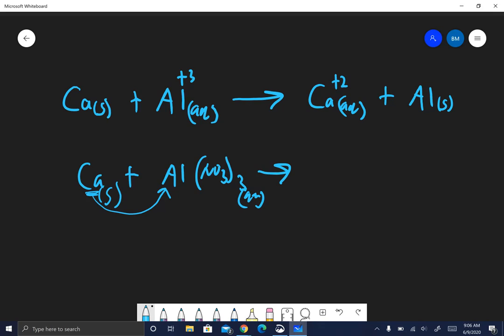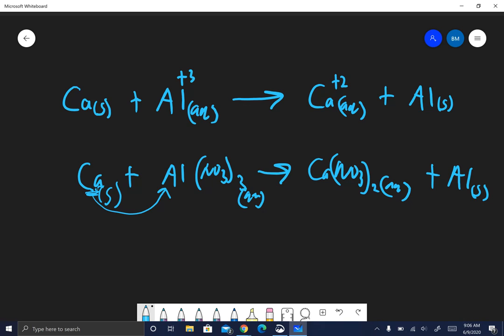So here, this is a solution, so this would be dissolved. That's what aq means. Calcium replaces aluminum, and now it's calcium nitrate solution, aq, and then aluminum solid. So in a single replacement reaction, the more reactive metal replaces the less reactive metal. So now calcium's with nitrate in solution and the aluminum would precipitate out.